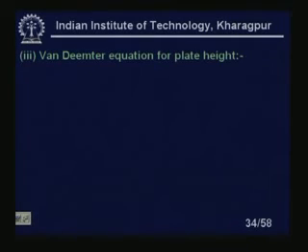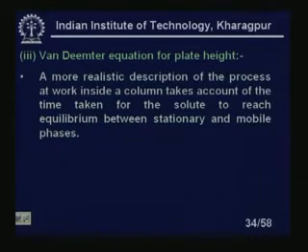Now one more equation we will introduce is the Van Deemter equation for plate height. A more realistic description of the process at work inside a column takes account of the time taken for the solute to reach equilibrium between the stationary and the mobile phases.